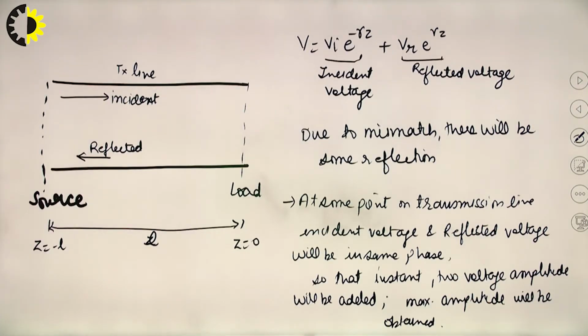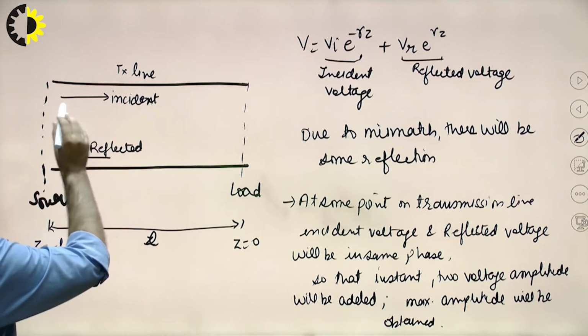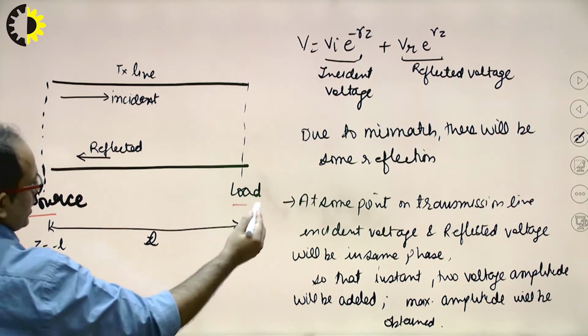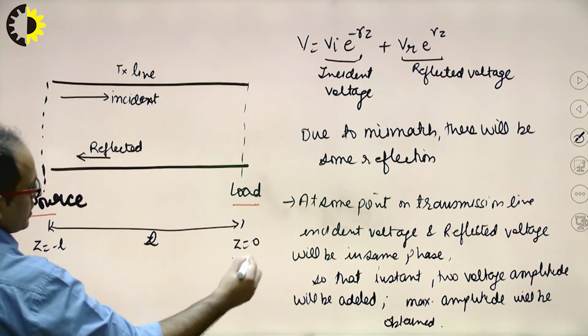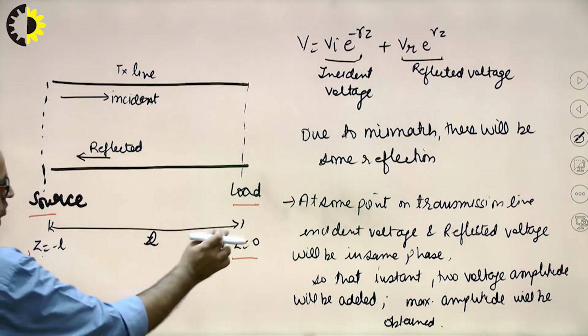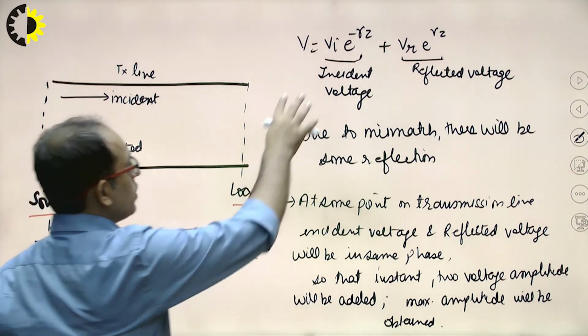Now see, let's say this is a transmission line, this one is incident and this one is reflected. This one is the source and here it is the load. Let's say at the load, z equal to 0, and at the input side, at the source side, z equal to minus L, when the transmission length is L. Clear? Now V equal to what?